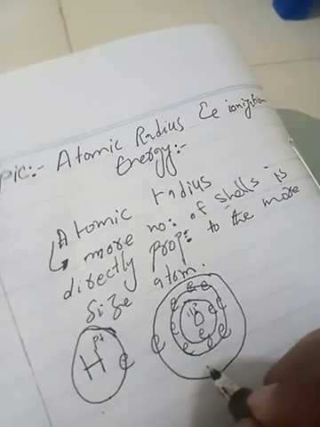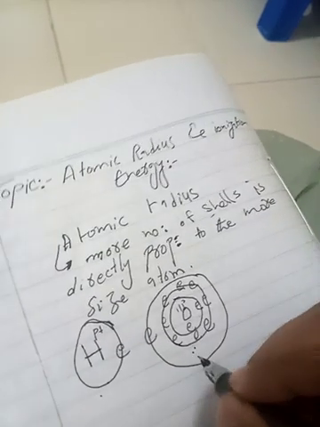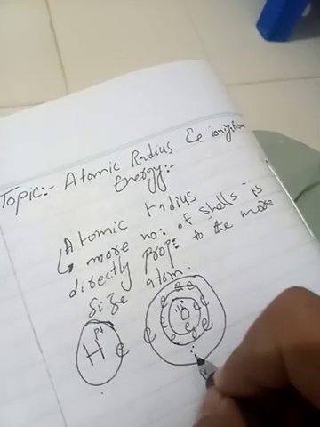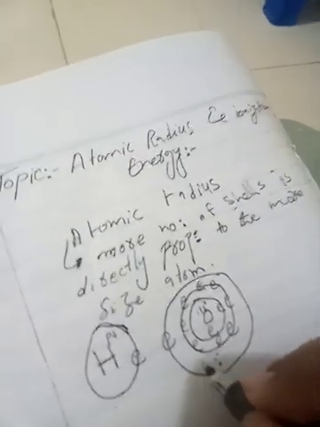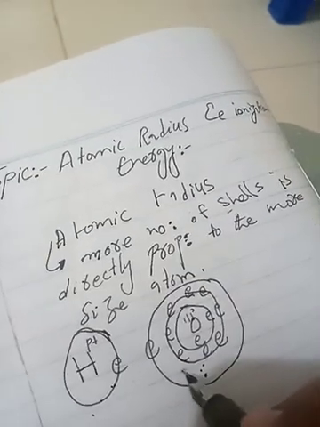So it has the larger atomic size. Because of that we can say that hydrogen has a smaller atomic size than sodium.